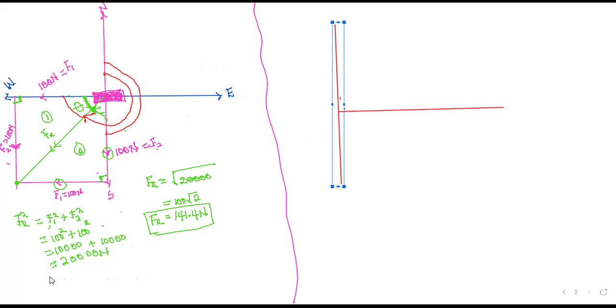This is Y. This is X. It can be east, it can be north. Don't forget. So we have two vectors. This one is here.